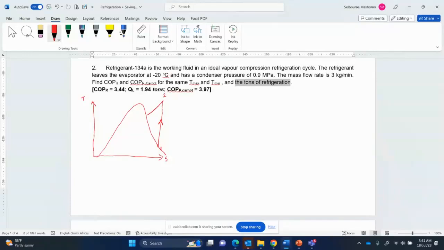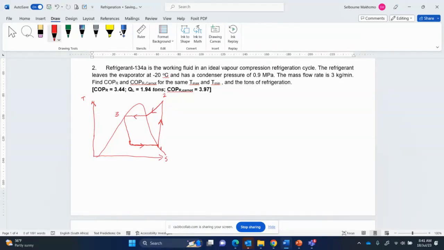And from 2 to your saturation vapor line is the superheating. And then from 2 to 3 is the condenser. And then from 3 to 4 is an expansion valve. So this is a TS diagram of a vapor compression system.